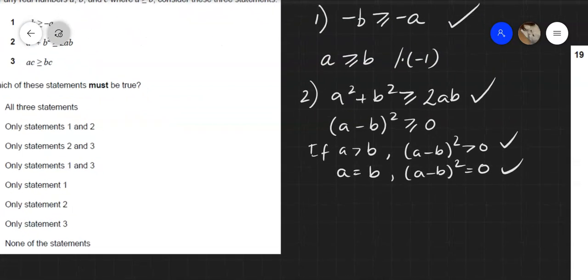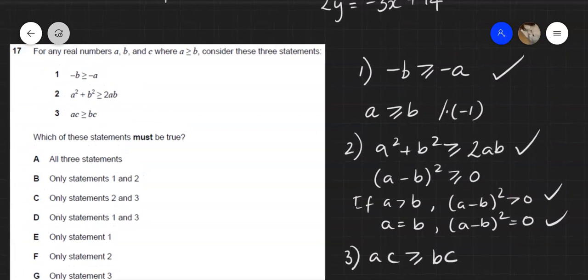Let's check the third statement. ac is greater than or equal to bc. This inequality would hold if c was positive or equal to 0, then in this case both the left and the right hand side of the inequality would have been 0, but we don't have enough information about c.